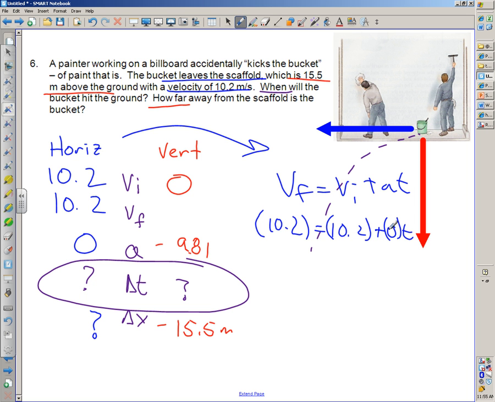That becomes 0, and then you end up with 10.2 equals 10.2. Is that right? Yeah, 10.2 does equal 10.2. But does it get what you want to solve for? No. So just be careful about which equation you choose. We'll pick this up on Wednesday.